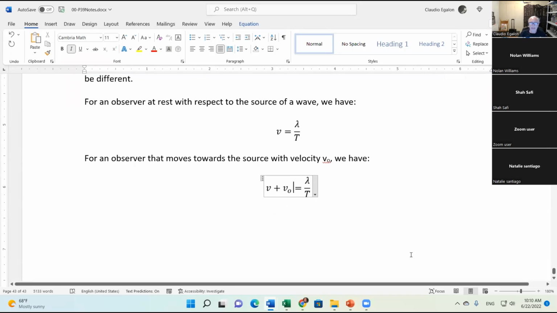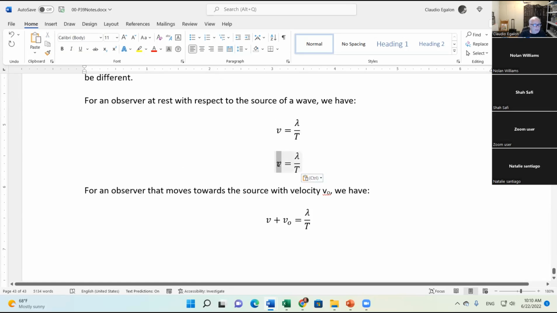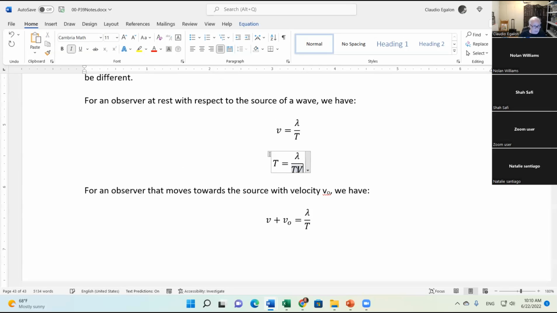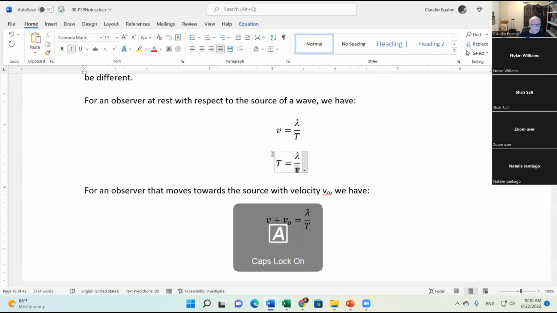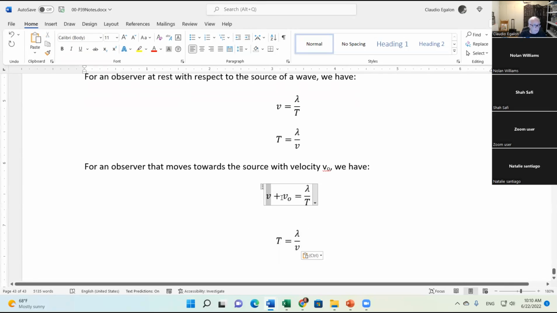And we are going to end up having a different period for this wave. The period in this case for the observer at rest would be lambda divided by v. But for the observer that's moving, it's going to be a shorter period.